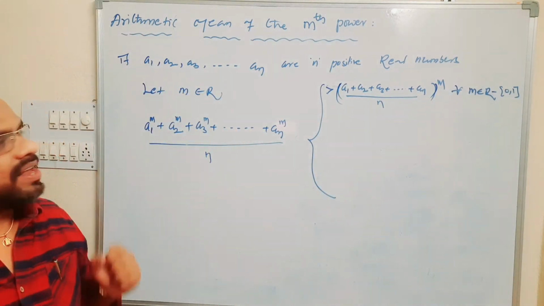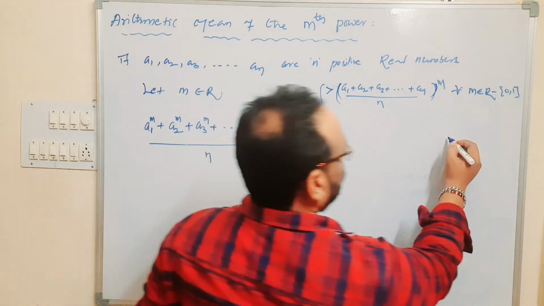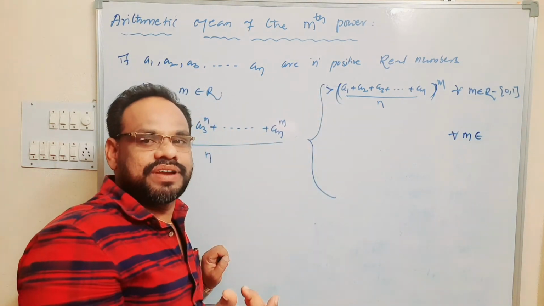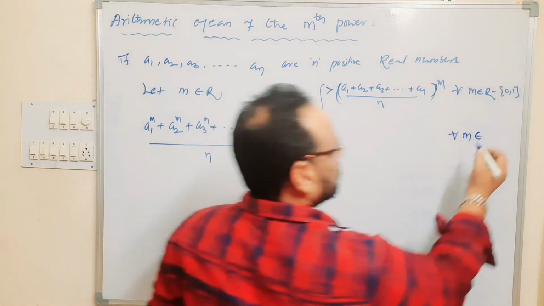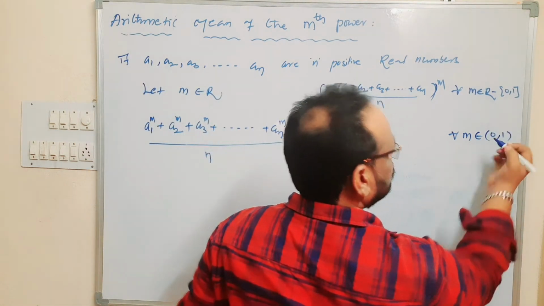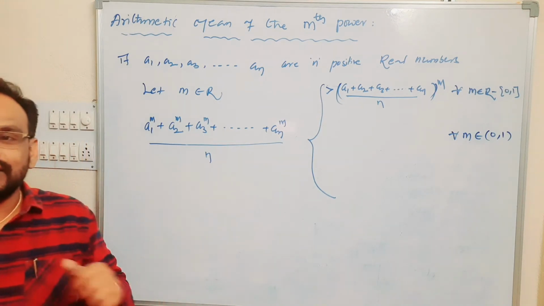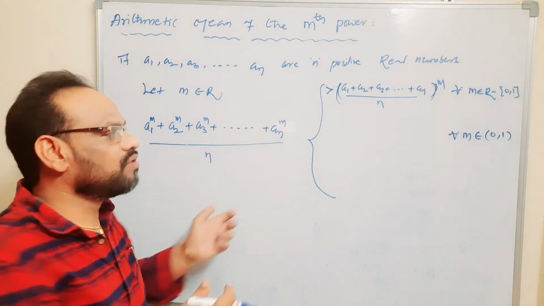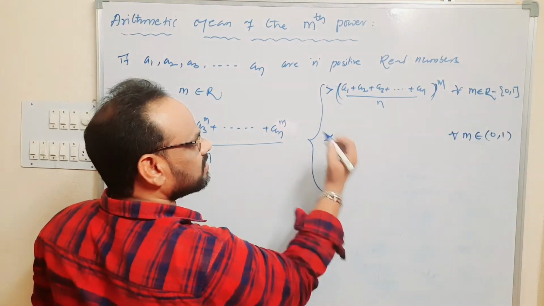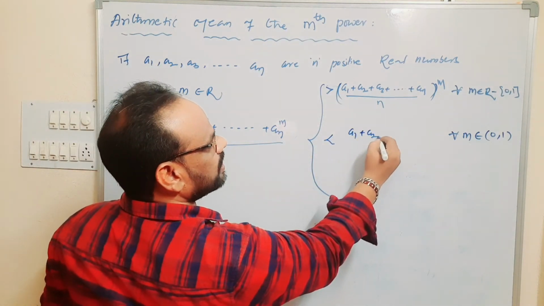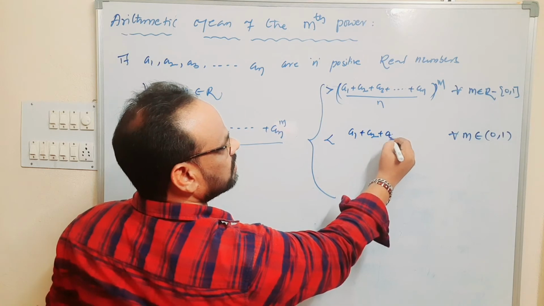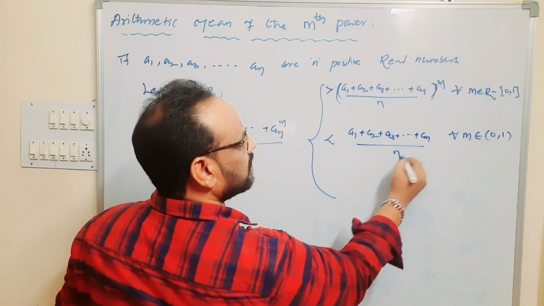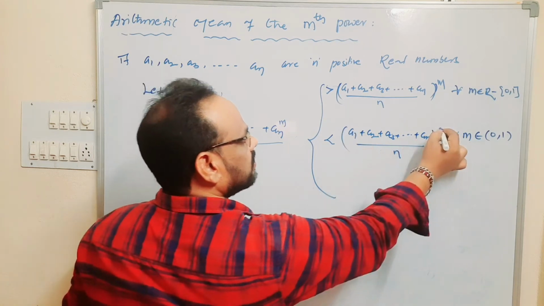Whereas if the m value lies in the open interval 0 to 1, this value is always less than (a1 plus a2 plus a3 plus and so on plus an) by n, whole to the power m.